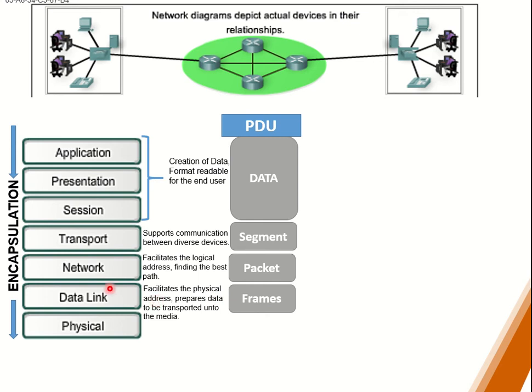Alright? So that's data link. You can see that all the layers have different functions, and they are all important so that your message can successfully travel across the network. Again, at the data link layer, it becomes a frame because the data link layer adds information such as the physical address of the source and destination.